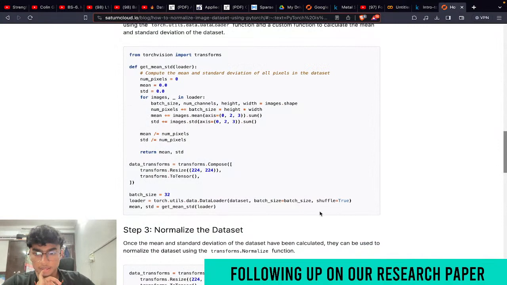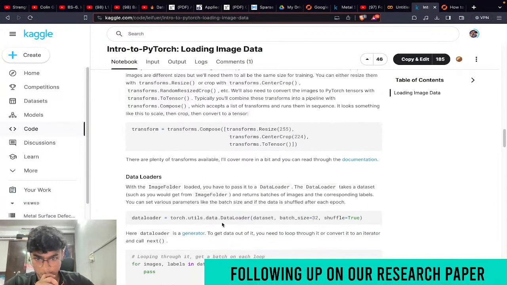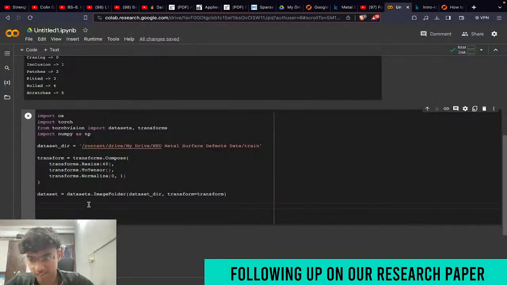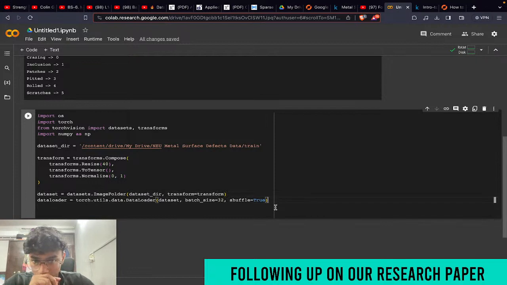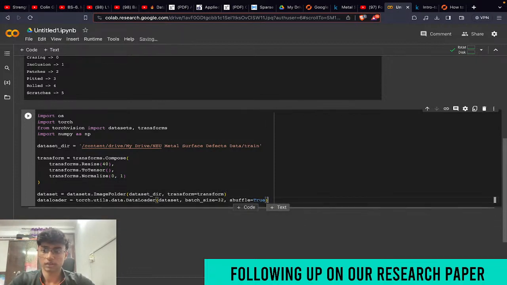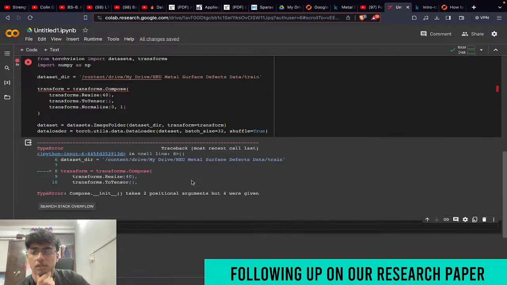Okay, now let's try to print our dataset by loading it first. I remember this. Let's run these lines. Let's see if we haven't made an error first. There must not be an error there. Two positional arguments, 4 were given.